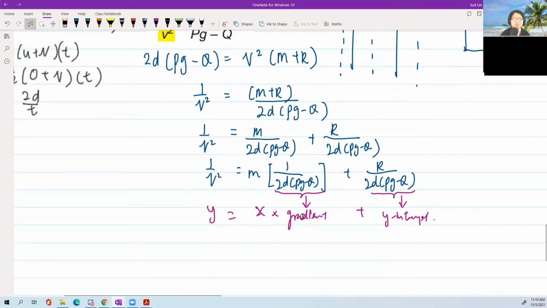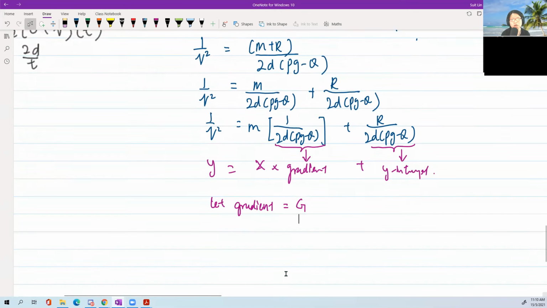So from here, we need to modify a bit. And to make my life easy, I'm just going to let the gradient be equal to g. So from here, I can say that g is equal to 1 over 2d(pg minus q).